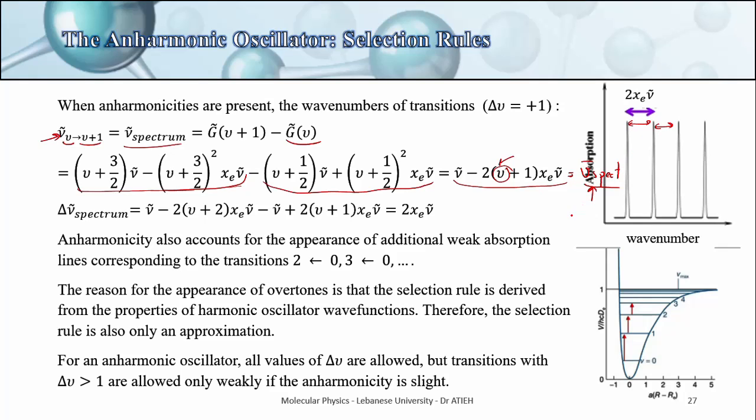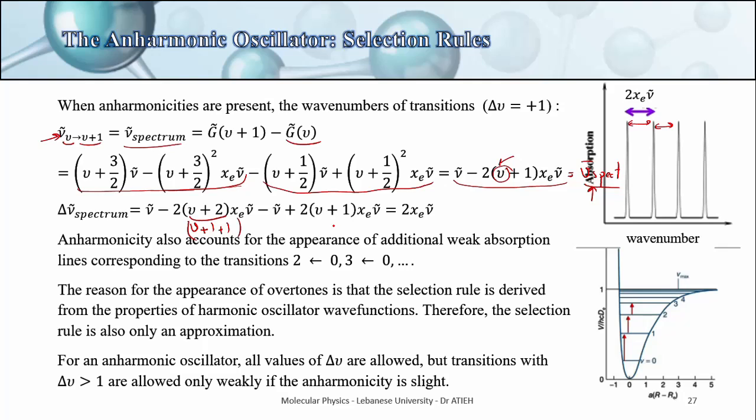If this is a certain peak, then the distance between two consecutive peaks is found simply by replacing nu by nu plus 1. As you can see, I've only replaced nu by nu plus 1, then I subtracted them.